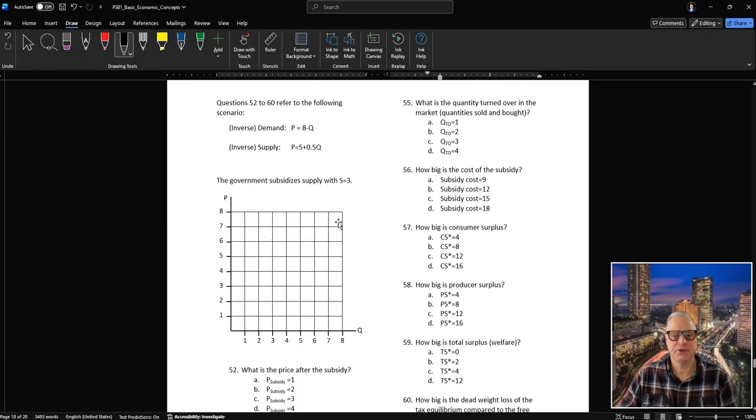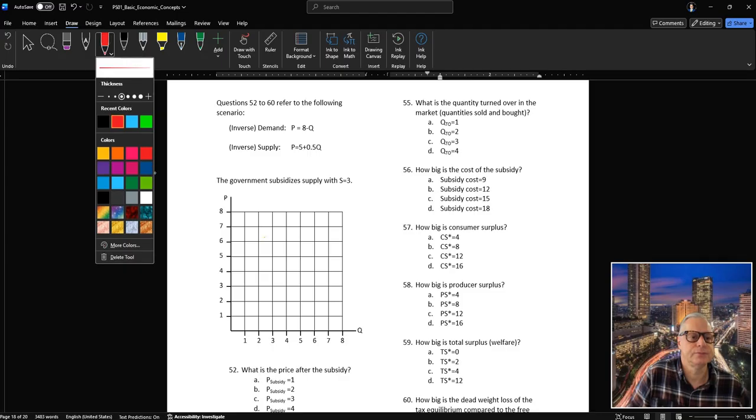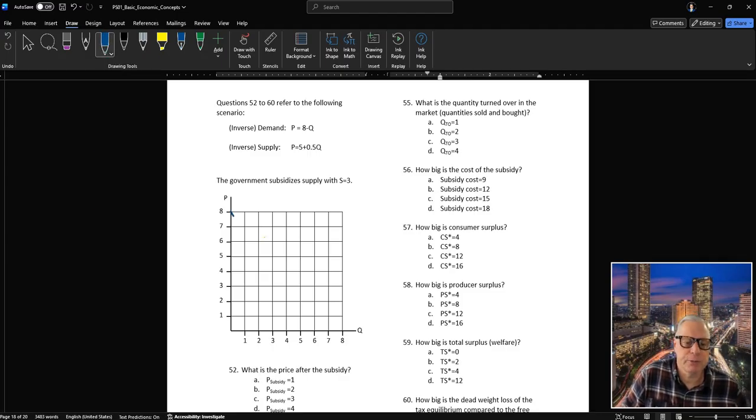Okay, so in the next scenario, we have a subsidy. Demand function always goes from 8 to 8. Now the supply function starts at 5 and has a slope of 1/2. So in the market equilibrium, the equilibrium price would be 6 and the equilibrium quantity would be 2.